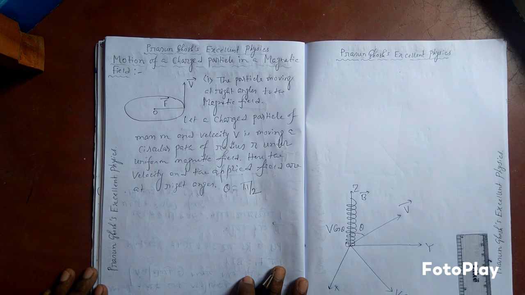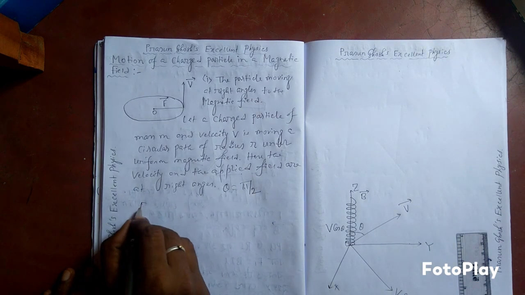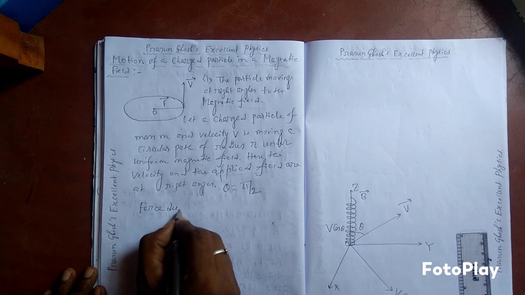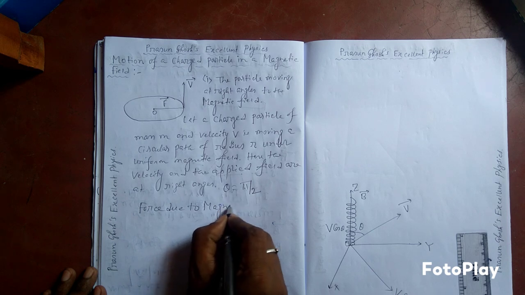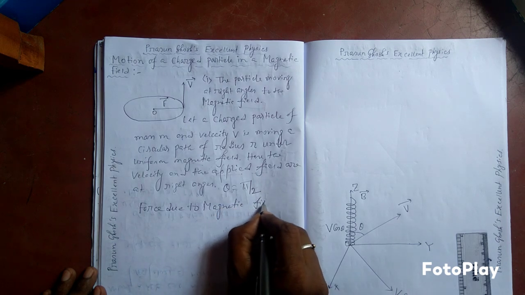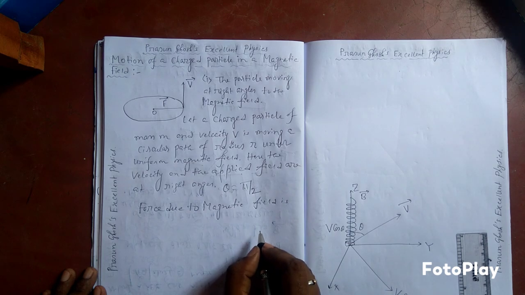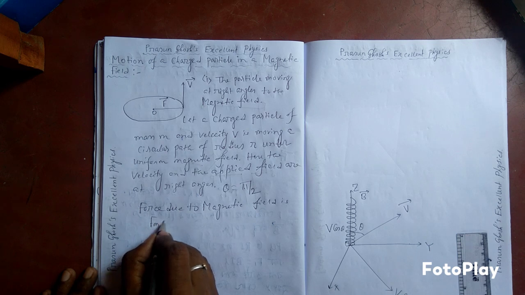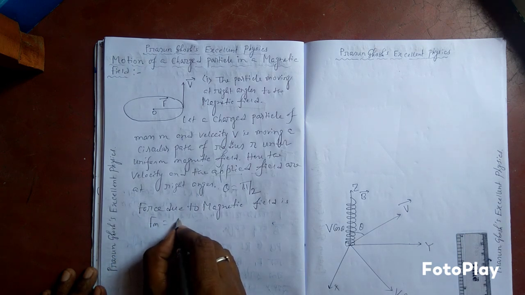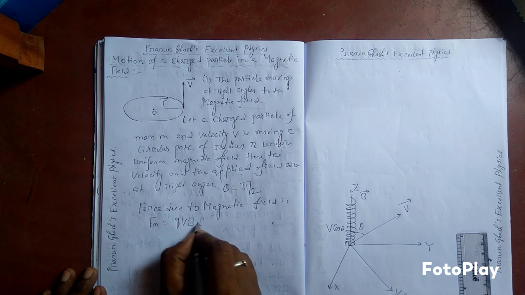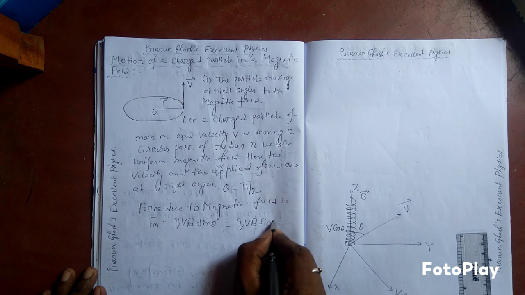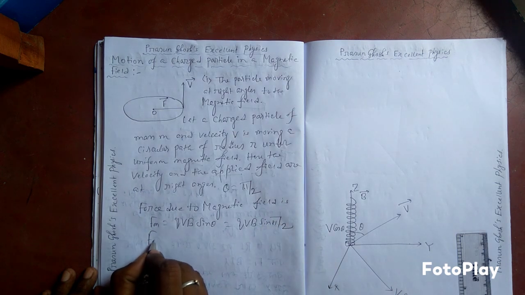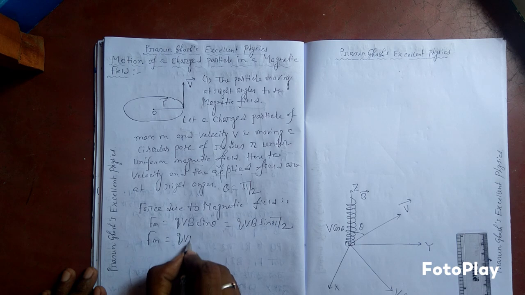So the force due to magnetic field is Fm equal to qvB sin theta, that is qvB sin pi by 2, so Fm equal to qvB.